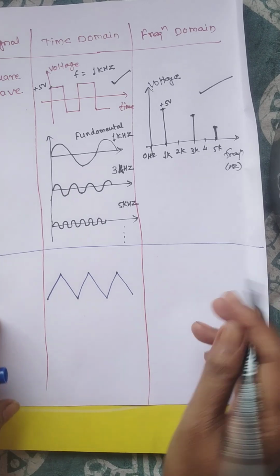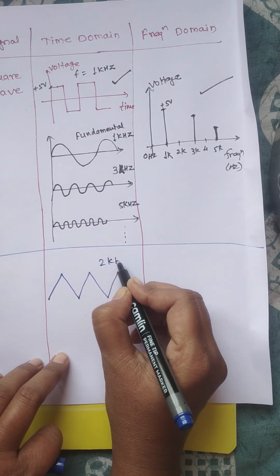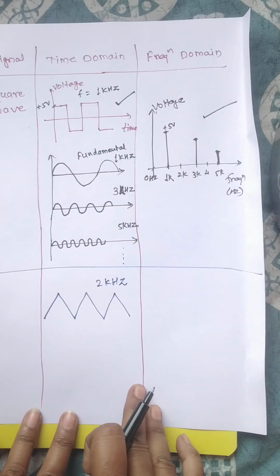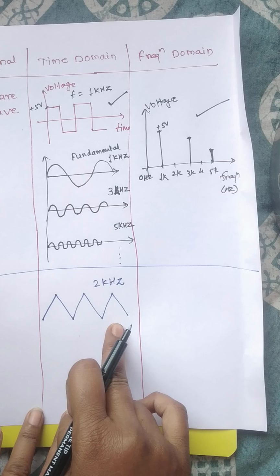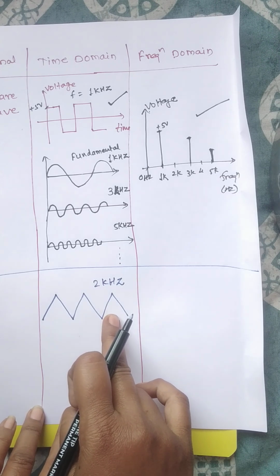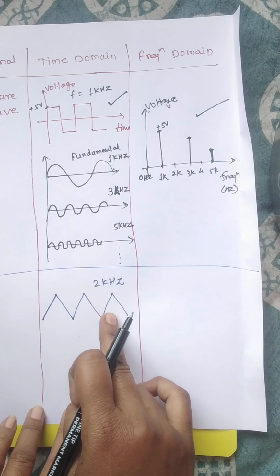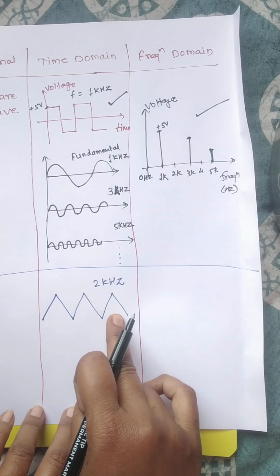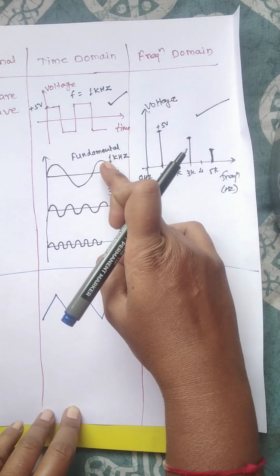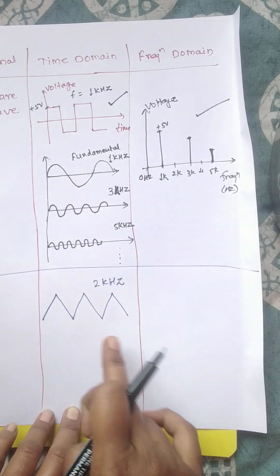If it is said that this triangular wave is of 2 kilohertz frequency, we cannot find out how many sine waves or how many frequencies are present in it, because this triangular wave is again made up of combinations of various fundamental sine waves and their harmonics.